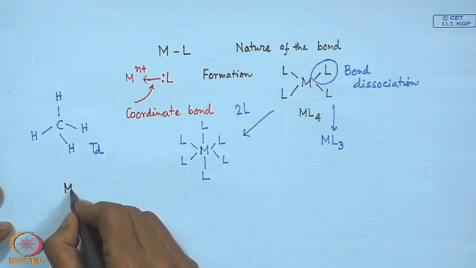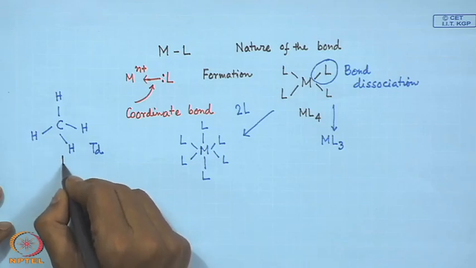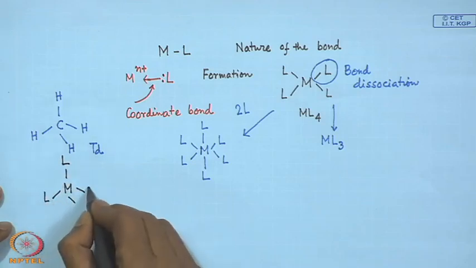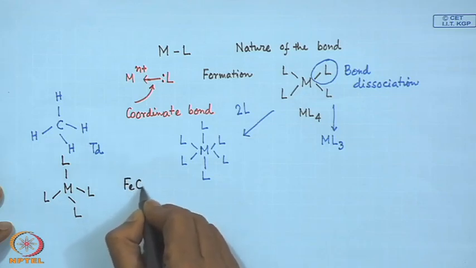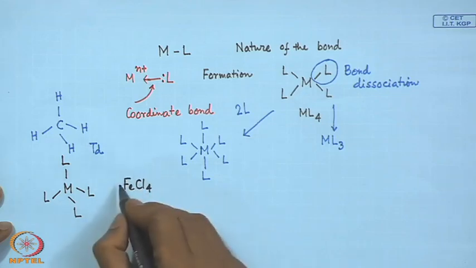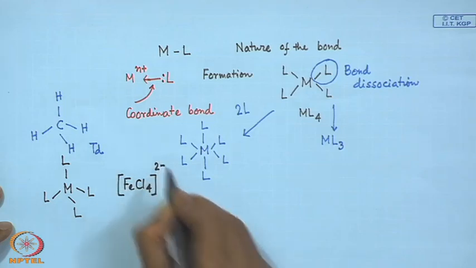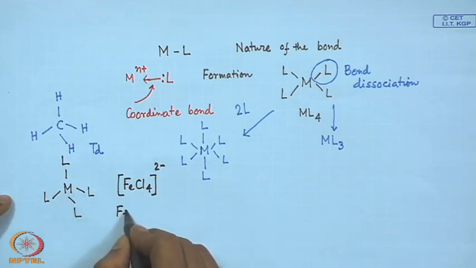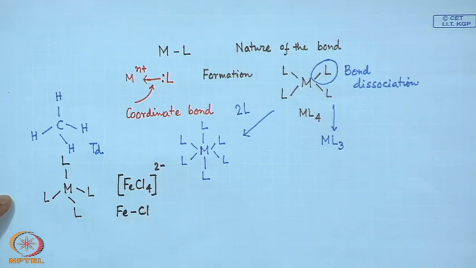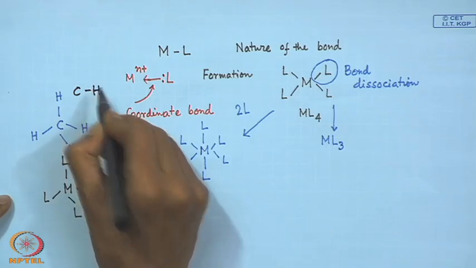Similarly, a metal can have the same type of geometry. We all know that this can be obtained in species like FeCl4 2 minus. So, here also we have 4 such FeCl bonds compared to 4 CH bonds.